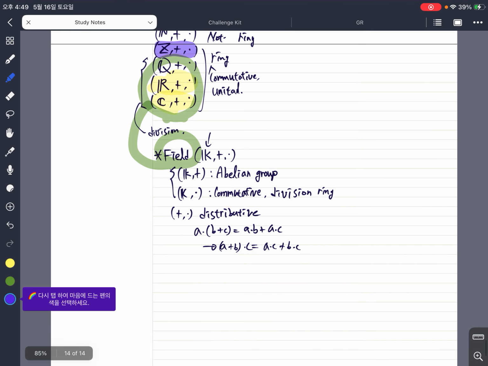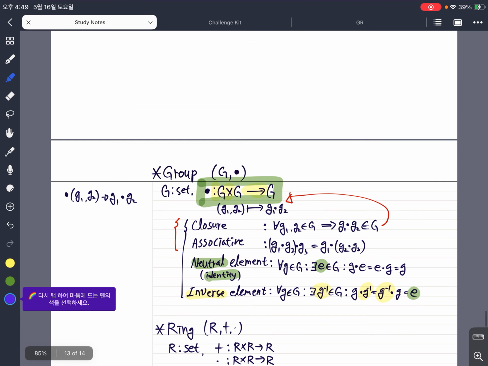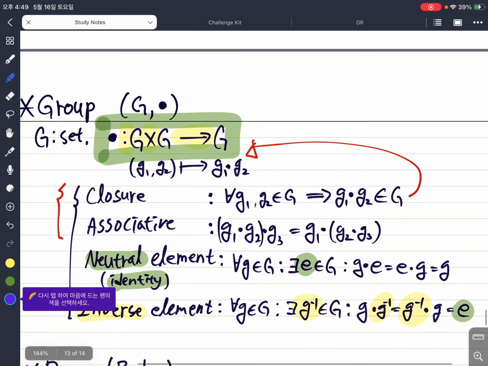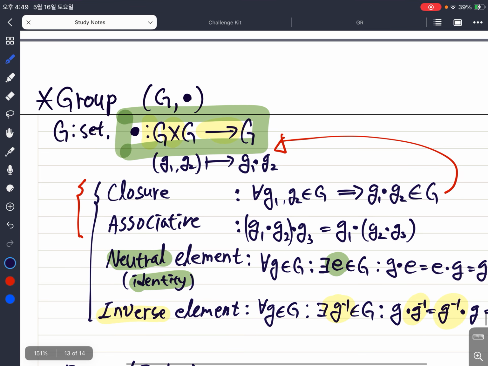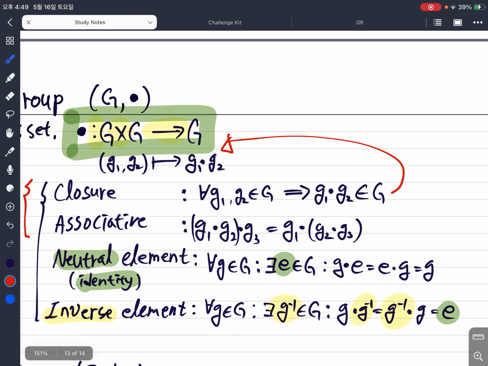One more thing before I close. In groups, people usually don't write this dot. Instead of g1 dot g2, people prefer to write g1 g2. In this case, you have to think that the dot is hidden.